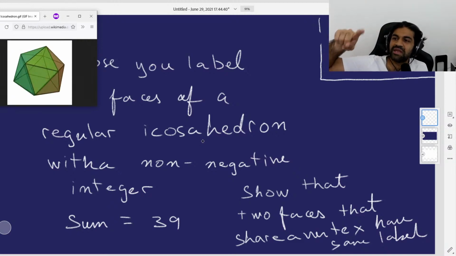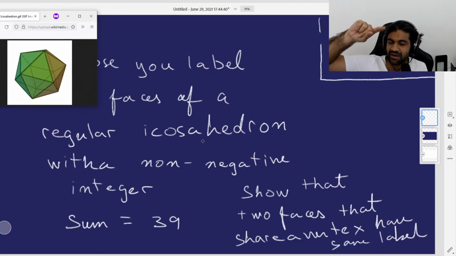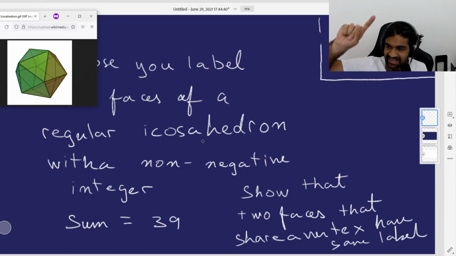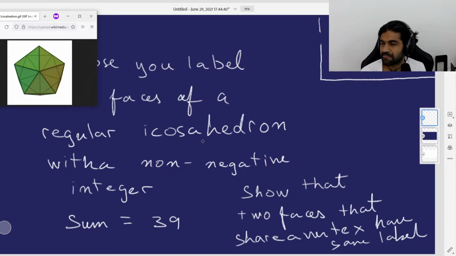So what would be the minimum sum of the labels of all of the faces that neighbor a vertex? I hope that was an interesting hint.